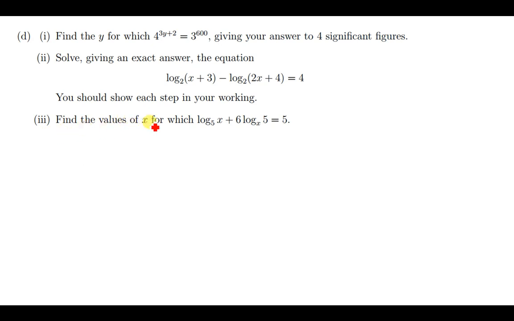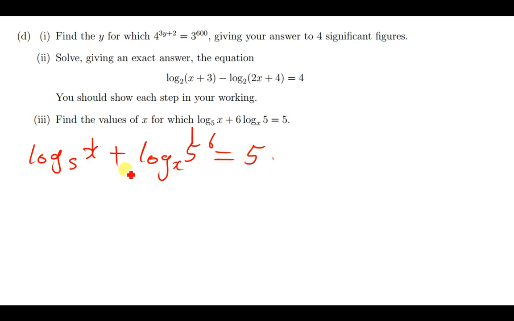Let's find the last question there. Find the values of x for which log x base 5 plus log 5 to the power 6 base x is equal to 5. So we're just going through the same rules in short. We have log x base 5 plus this 6 can go on top there. We can have log 5 to the power 6, then base x is equal to 5.